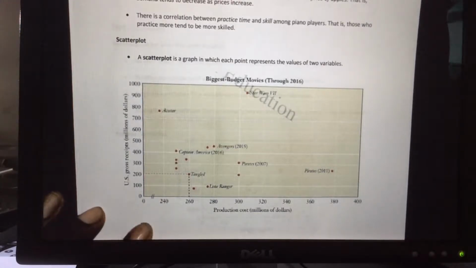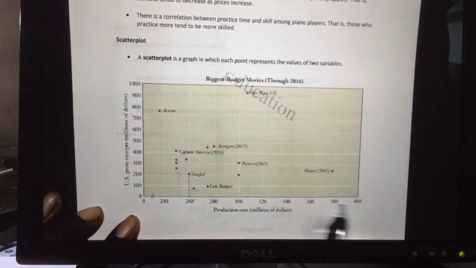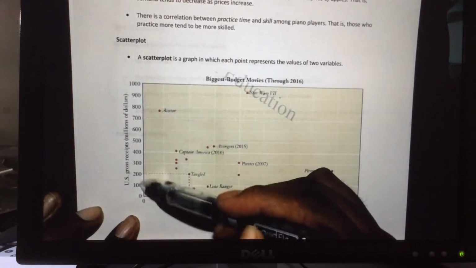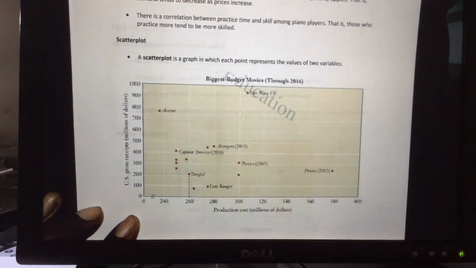So this is an illustration of what a scatter plot looks like. On the horizontal axis is the production cost. The vertical axis represents the U.S. gross receipts. And this is dealing with biggest budget movies through 2016.